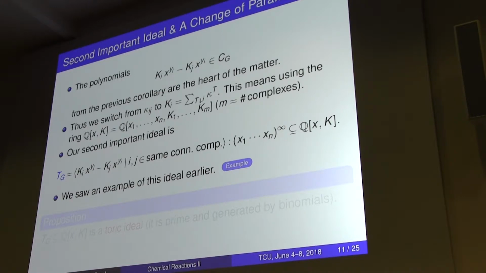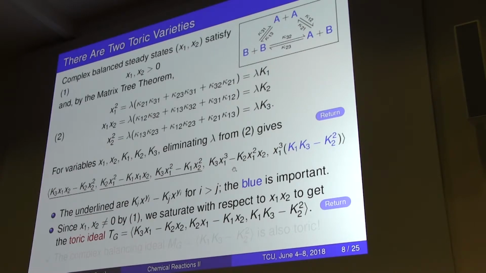So this is the second toric ideal, and of course, T is for toric. And again, that's exactly what we did right here. When we do the saturation, we get a much simpler ideal. And from that, we're going to get some interesting stuff.